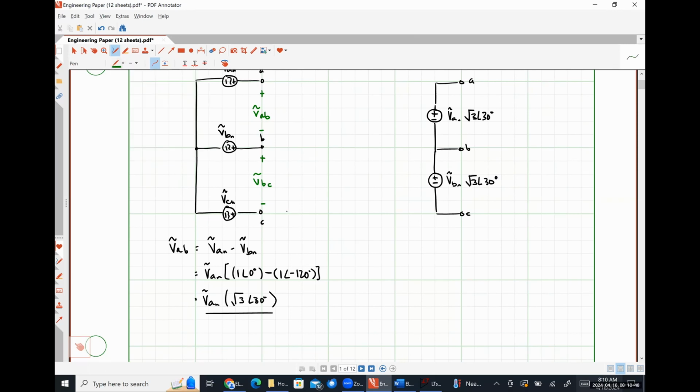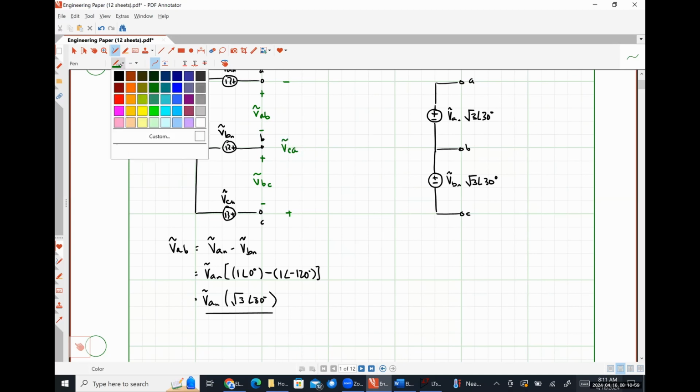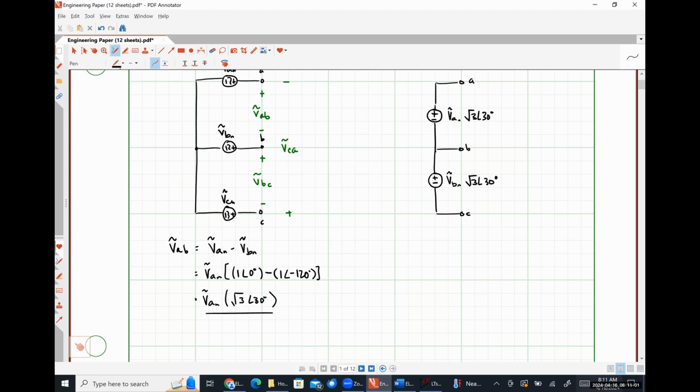And lastly, what if I wanted the voltage seen between the C terminal and the A terminal? Actually, put this as VCA, like so. How would I relate that voltage VCA to my Y-connected voltages? A better question is, how is it any different than what we just did?